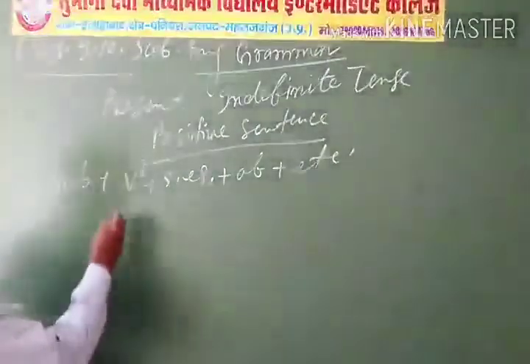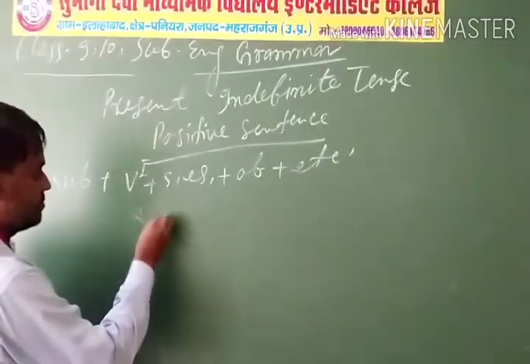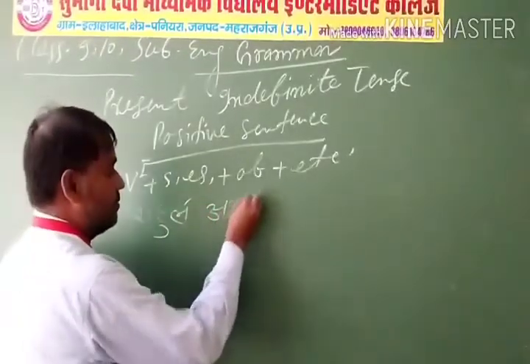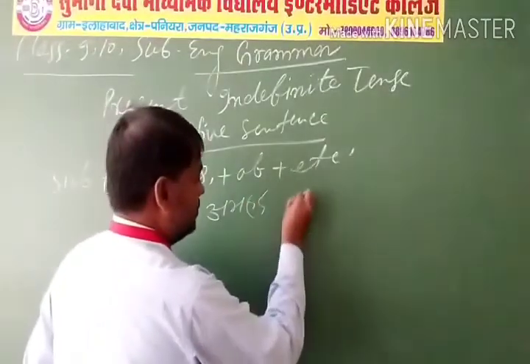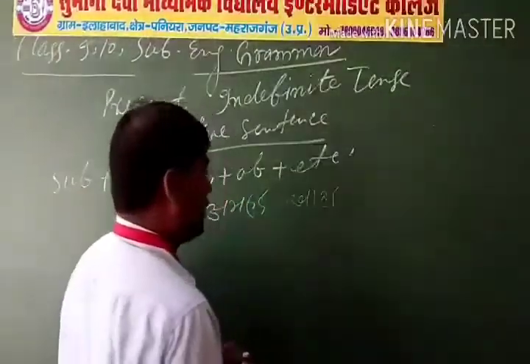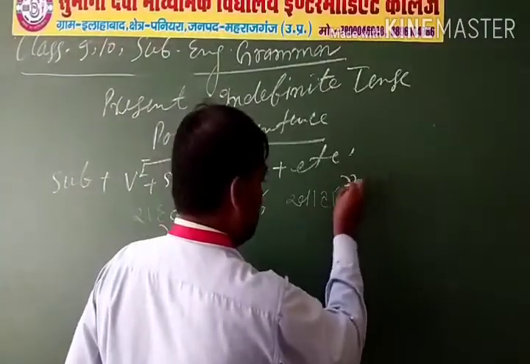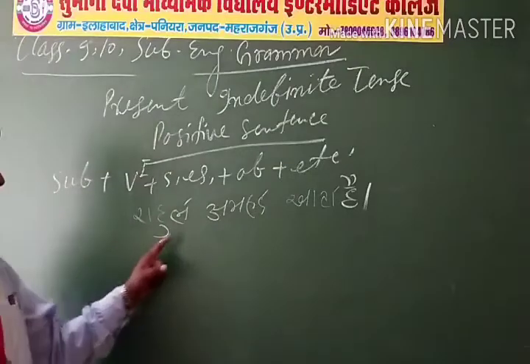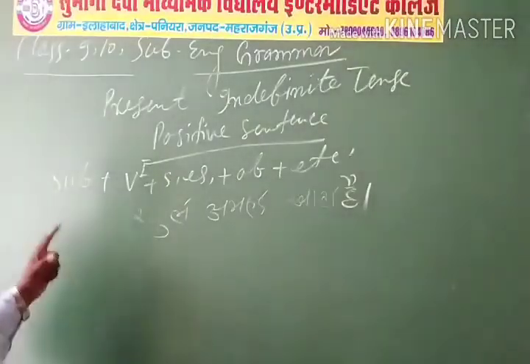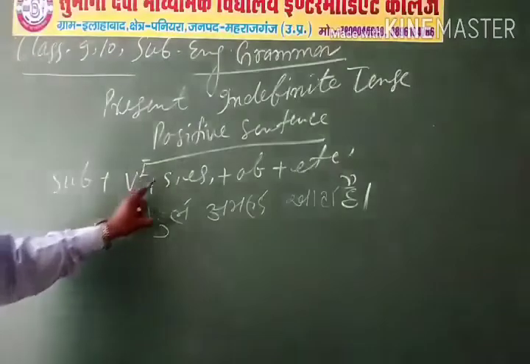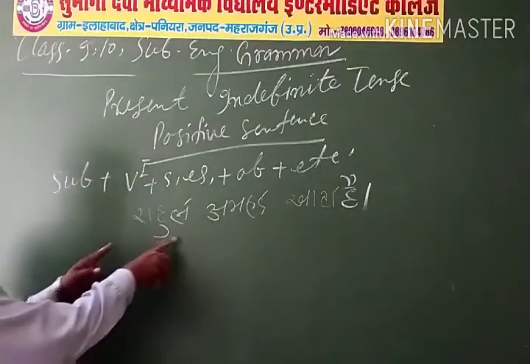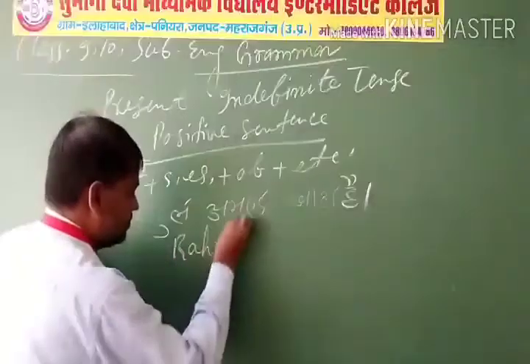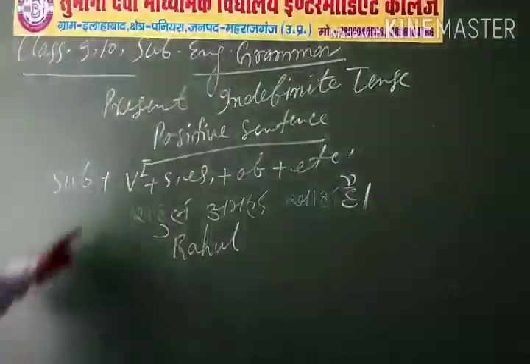Suppose that राहुल अमरूद खाता है. This sentence is a singular sentence. In this sentence, nothing is found except only affirmation. So first of all, we have to write the subject, and after then the verb.